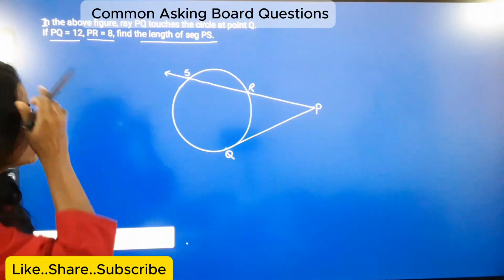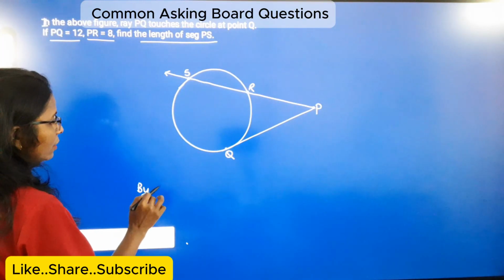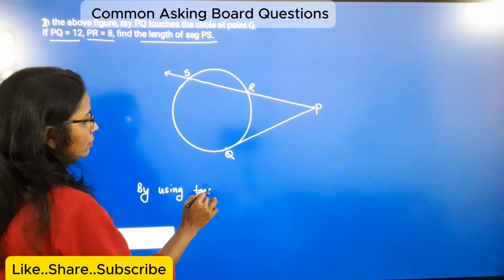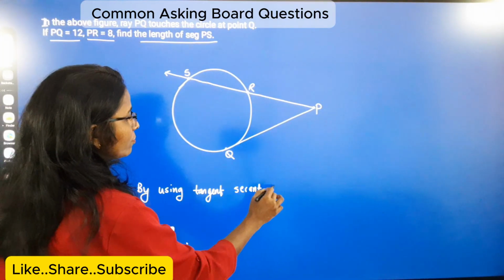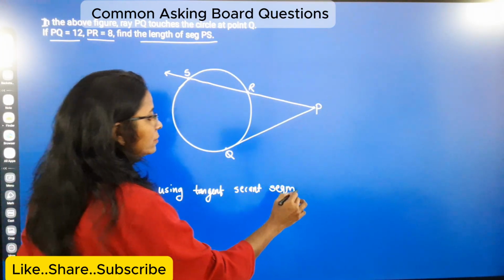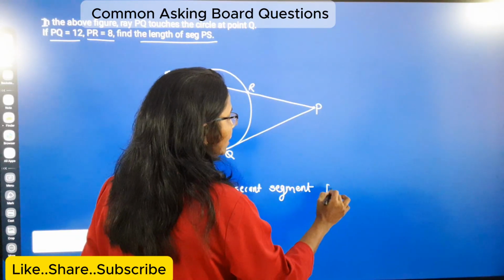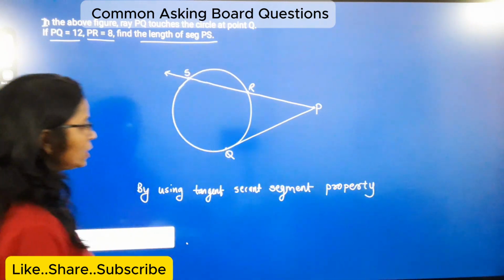So here, students, we can write down that by using the tangent secant segment theorem, or we say property. What is that property?